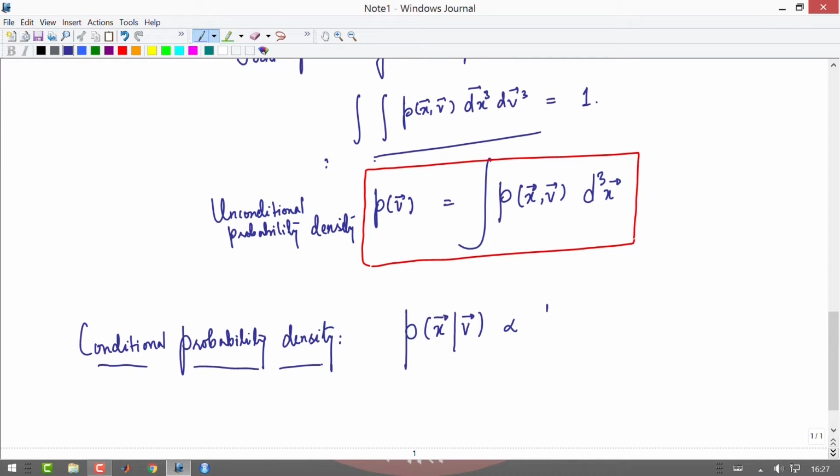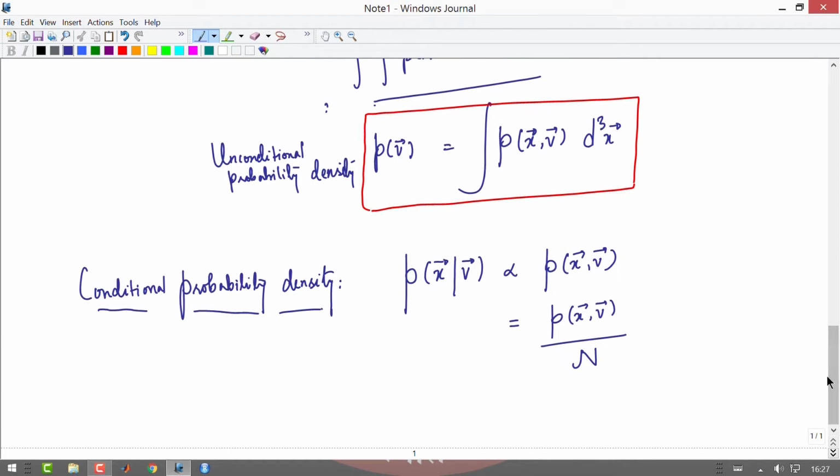This is definitely proportional to your joint probability density, because that is my total information, and the equality can be obtained by dividing by a norm. Now, how do we determine the norm? The norm can be defined by demanding that the conditional probabilities are normalized.